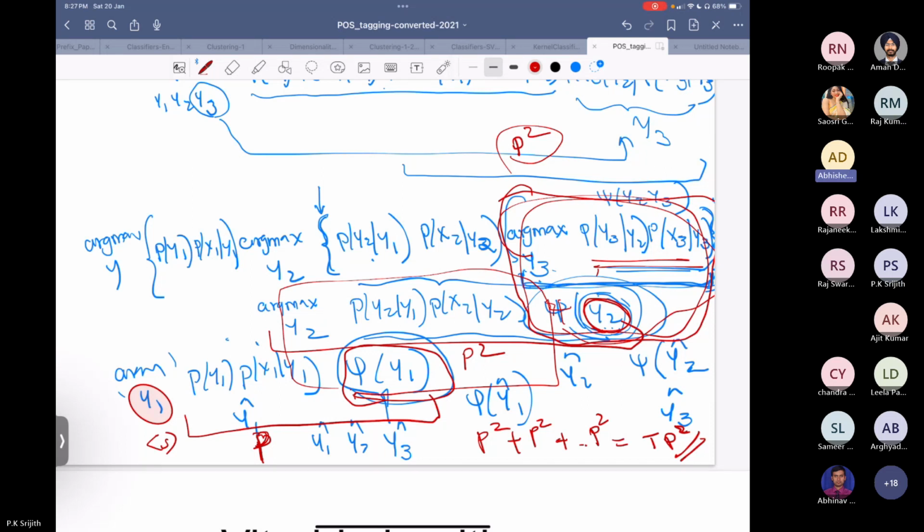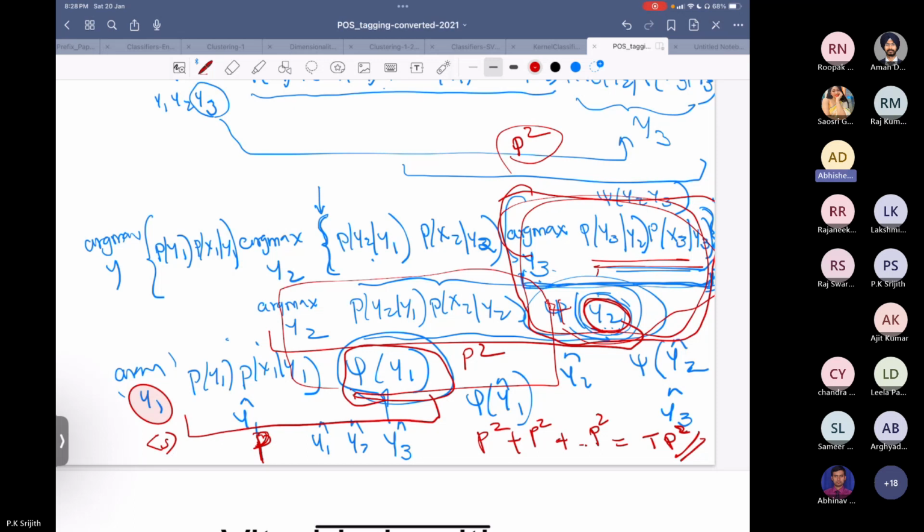Sir, I have one doubt in backtracking. How do we calculate y cap? When we were going in the forward pass, are we storing those values so that once we have y1 cap, we can calculate y2 cap? So you maintain this table, where for different values of y1 cap, you store the values as well as which y2 gave you that value.